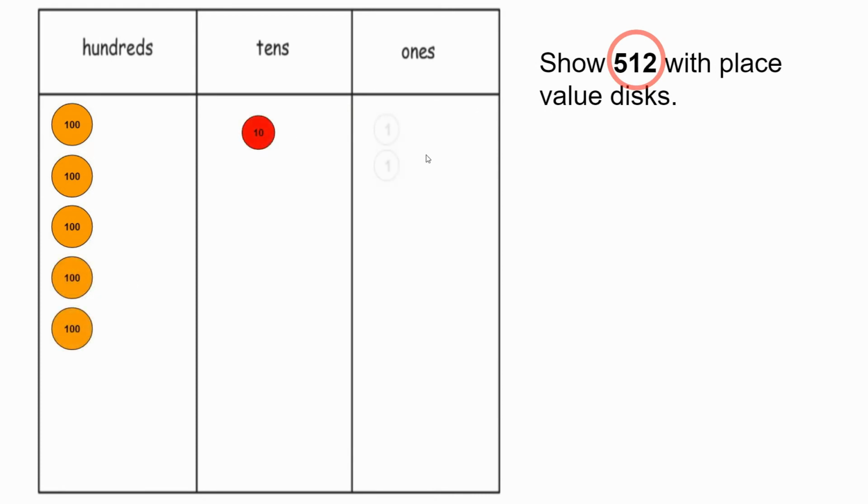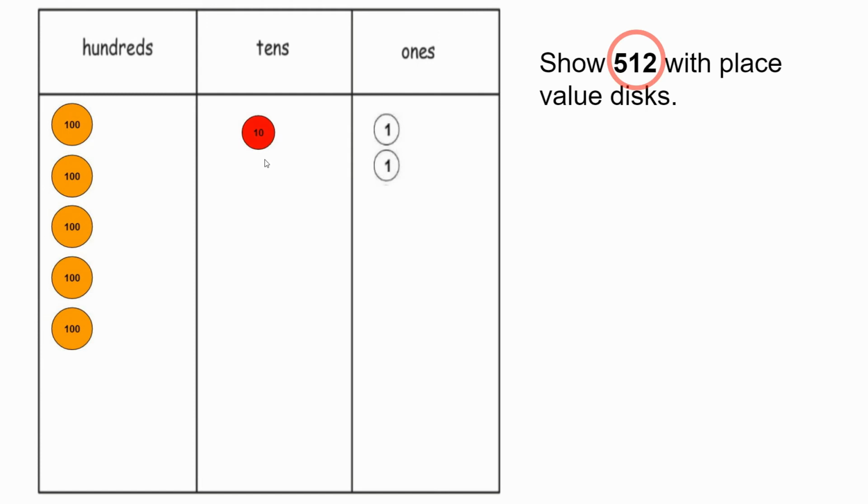Here's another one. Let's show 512 with place value disks. Again, we're going to show it the most efficient way possible. So, let's look at the number 512. We have 5 hundreds, 100, 200, 300, 400, 500, 1 ten, and 2 ones.